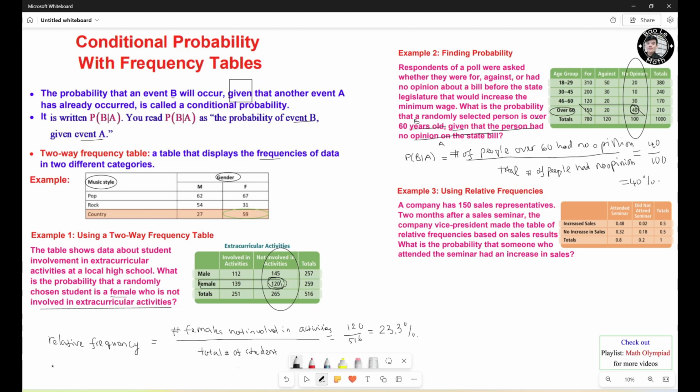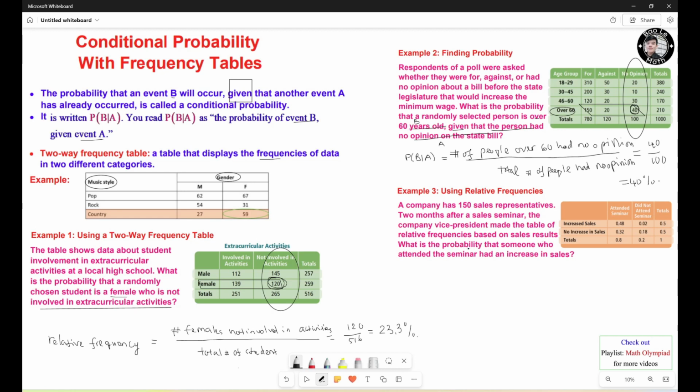Now let's move on to example number 3, using relative frequencies. A company has 150 sales representatives. Two months after a sales seminar, the company vice president made a table of relative frequencies based on sales results.